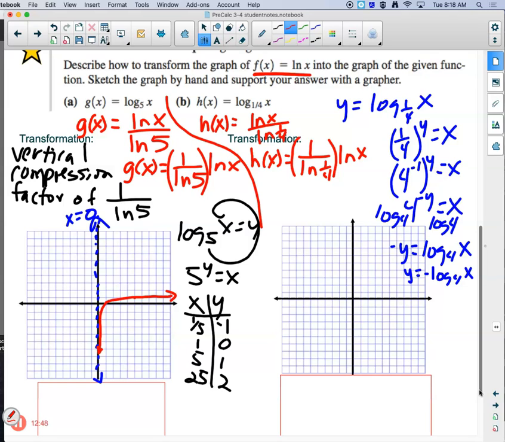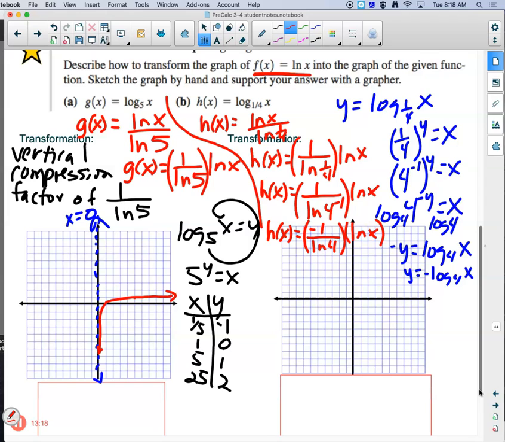Well, again, we could rewrite it as 1 over the natural log of 4 to the negative 1, and realize, well, with powers, exponents are supposed to come out in front and become multiplications. So h of x will equal negative 1 over the natural log of 4 times the natural log of x.